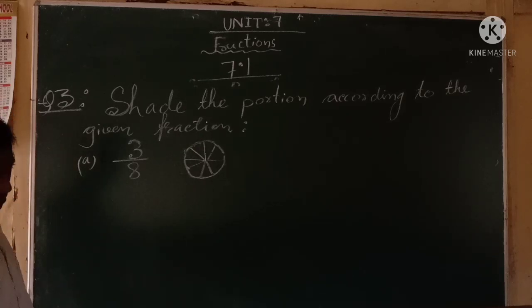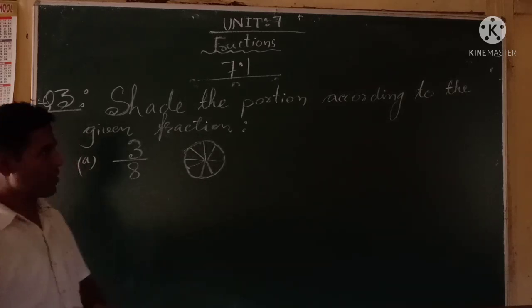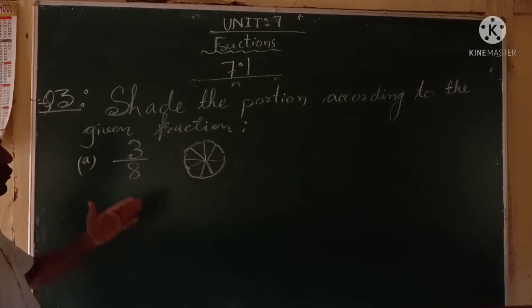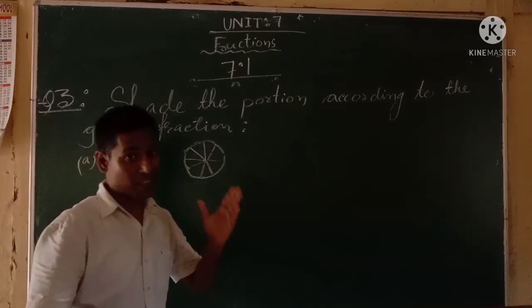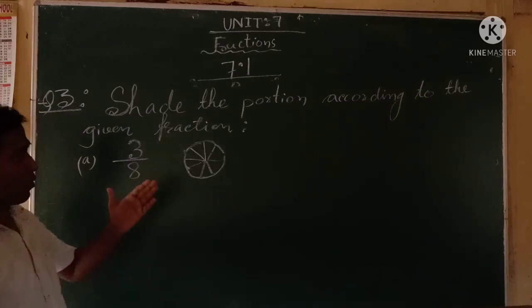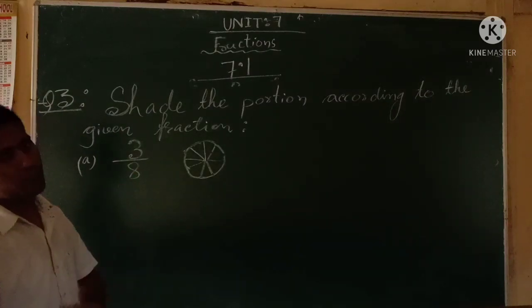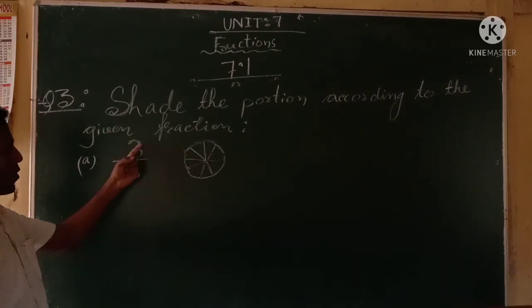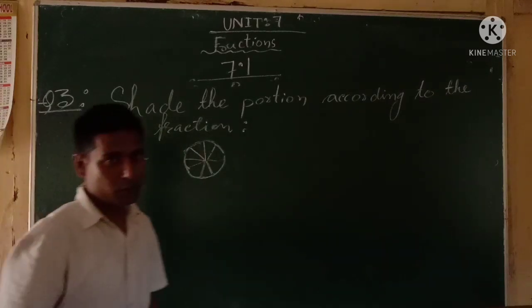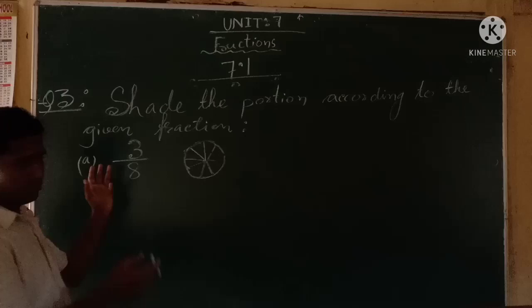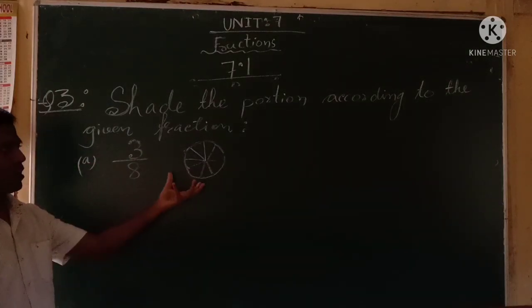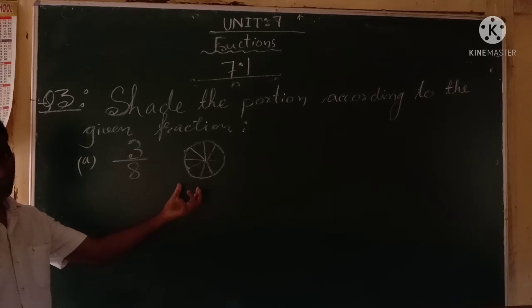Well children, now let us proceed to question number 3, and question number 3 is: cite the portion according to the given fraction. Here sub question A has been taken for you, and sub question A is 3 by 8. Alongside the fraction you have got a picture too.